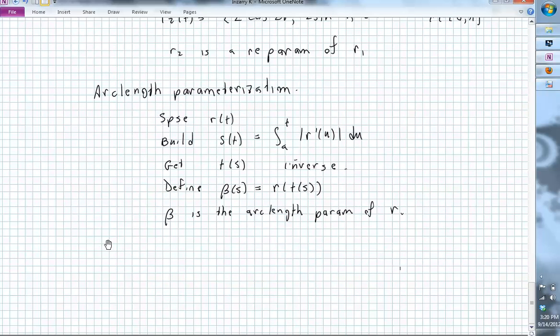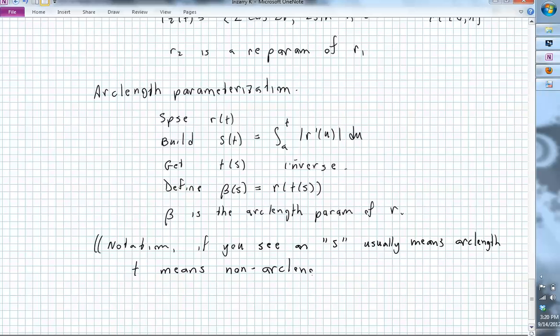Okay, on the side here, just notationally, when you're reading the book, if you see an s, that usually means that it's an arc length parameterization.